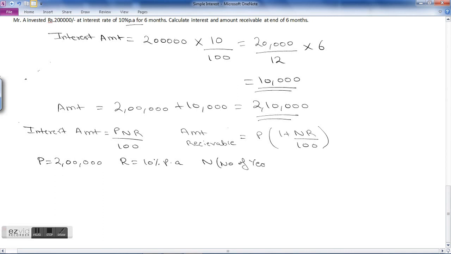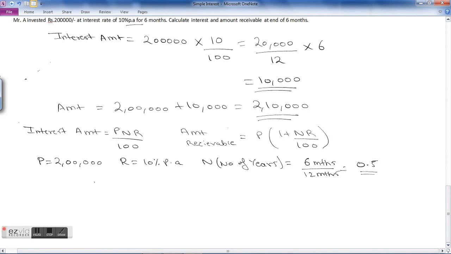In our previous example, the period was more than a year, so it was easy to calculate number of years, that is 2 years or 3 years. Now here the period is less than a year. It is kept for only half year, right? So number of years will be the fraction, that is 6 months divided by 12 months, that is 0.5. So number of years is 0.5.